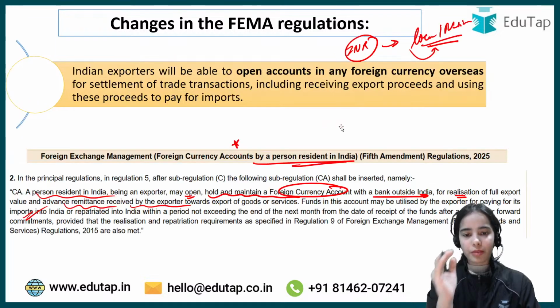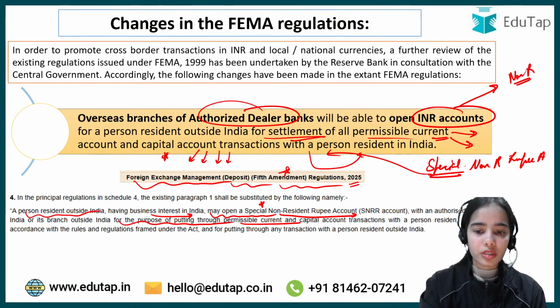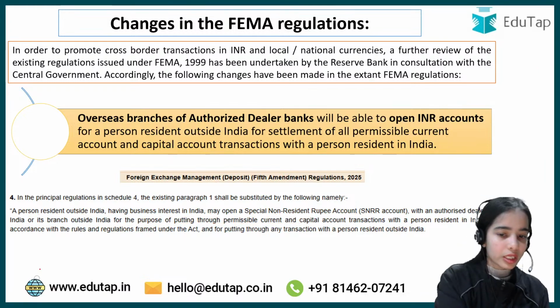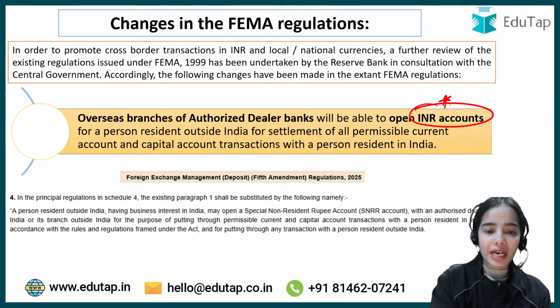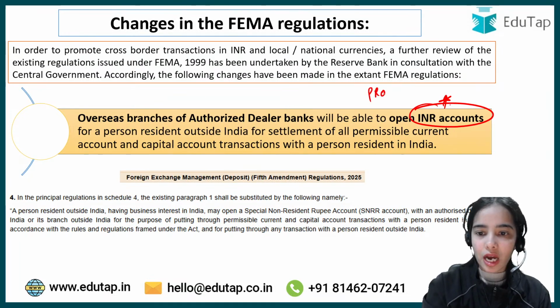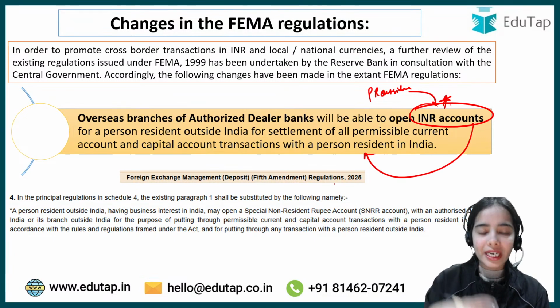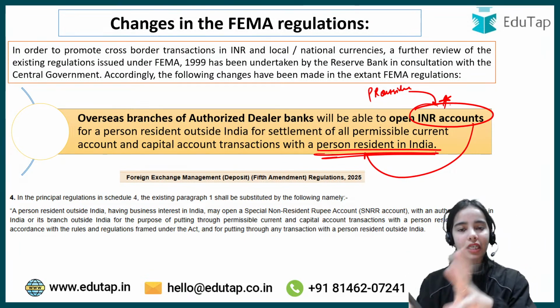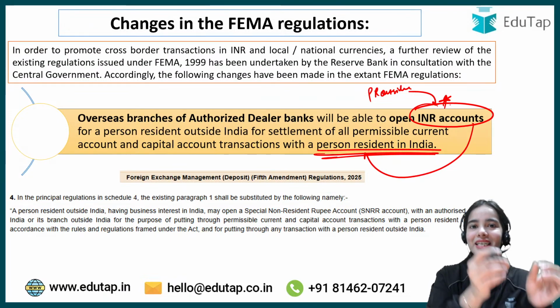See, before it was said that a person resident outside India can open INR accounts, and this money can be used to pay or to get the money from a person resident in India. So a person resident outside India can open INR accounts to trade with a person resident in India.